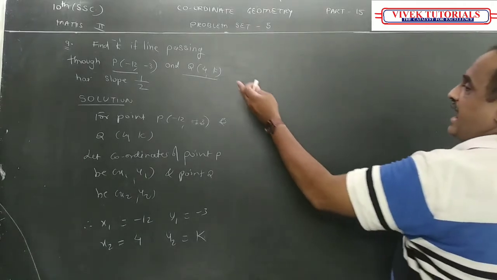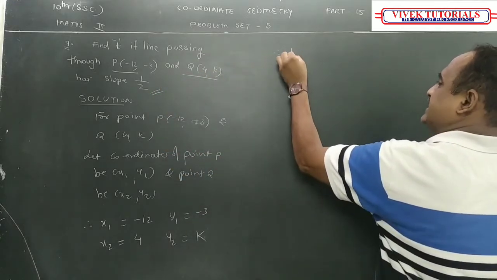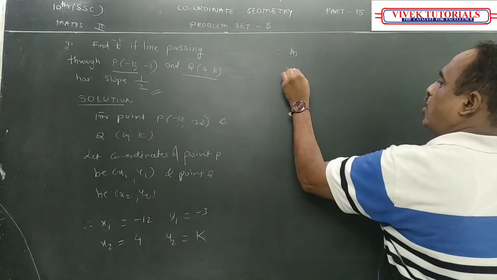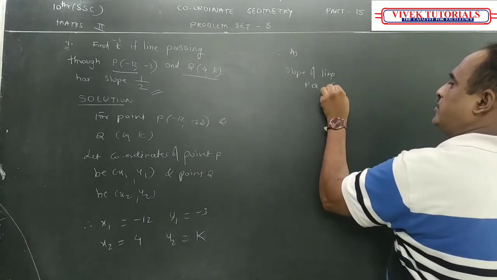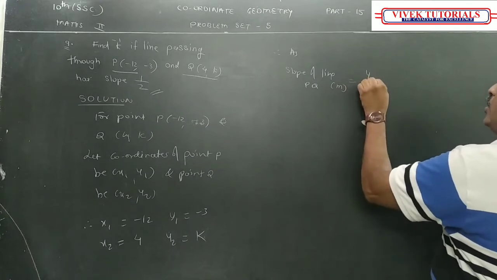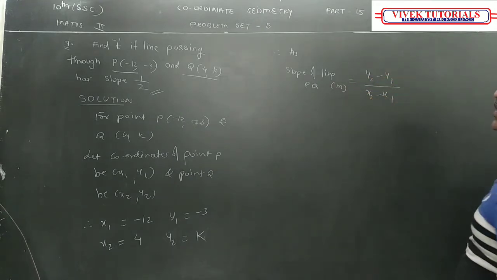Now they have given the slope, which is 1 upon 2. Then we can write, slope of line PQ, m, is equal to y2 minus y1 upon x2 minus x1.